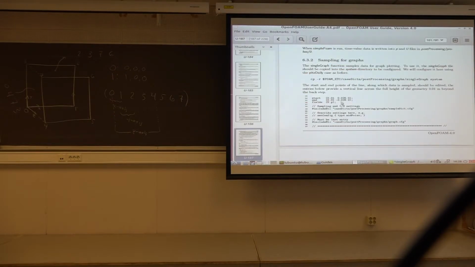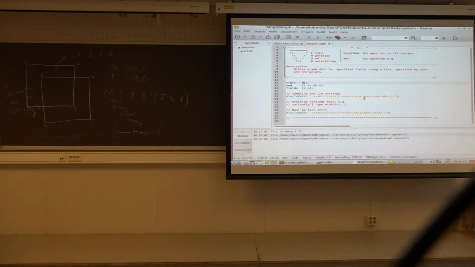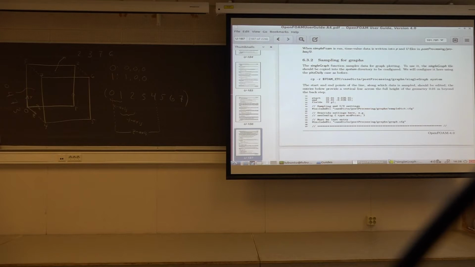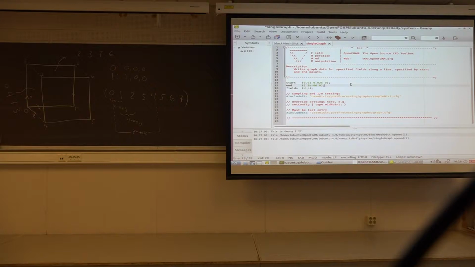It should be, what was it? 0.01, 0.025, 0.025, and the set position should be 1. For the endpoint, same numbers, only with a minus. 0.01 and then minus 0.025. That's it. Save this file.